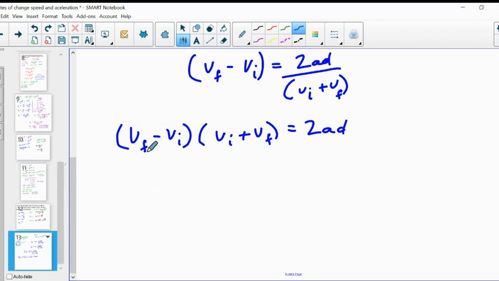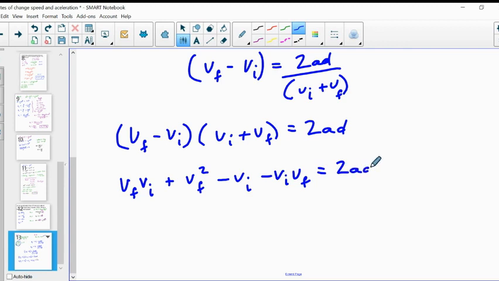Okay, what I'm going to end up with, let's say I have a vf times a vi, so I'm going to end up with a vf vi. I have vf times a vf, that's going to give me a vf squared. I'm going to have a negative vi times a positive vi, so I'm going to end up with a negative vi squared. I'm going to have a negative vi times a positive vf, that's going to give me a negative vi vf, equals 2ad.